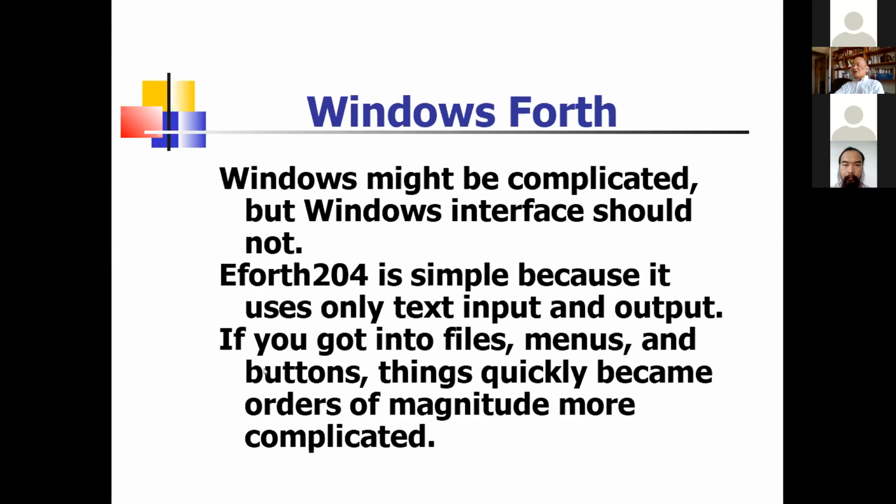And that's why I just couldn't handle regular Win32 Forth. And I'm very happy that eForth with a very simple interface allows me to throw up that window on the screen and start using it.